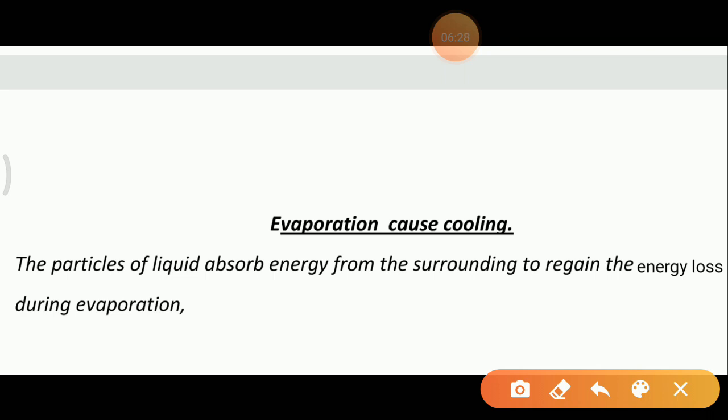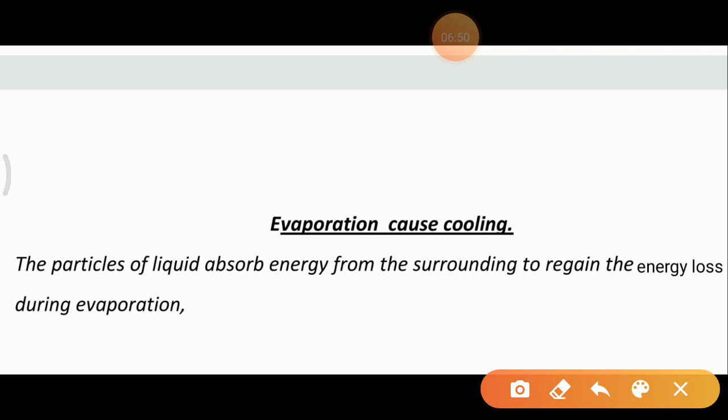Yes, people wear cotton clothes in the summer season. Here is also the effect of cooling due to evaporation. During summer, we perspire more because of the mechanism of our body which keeps us cool.